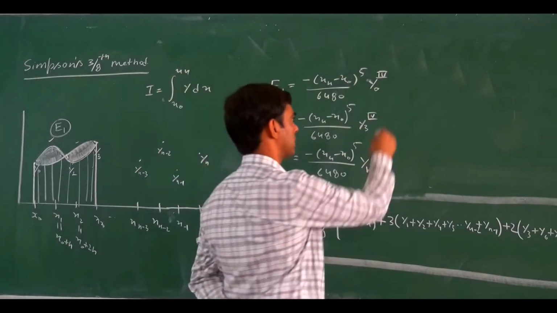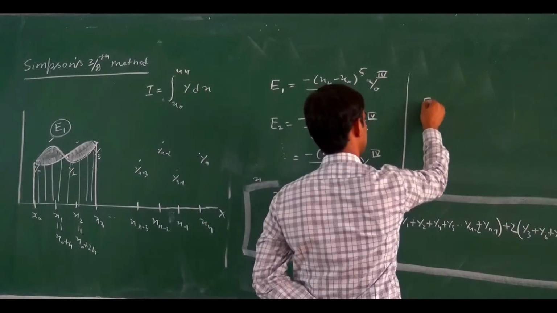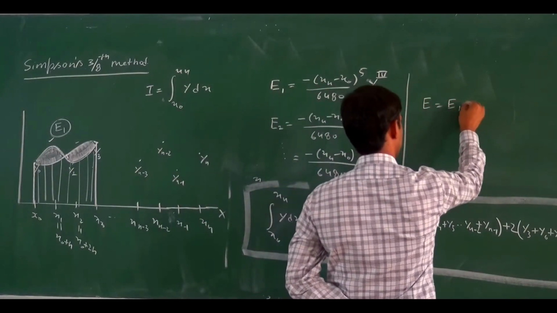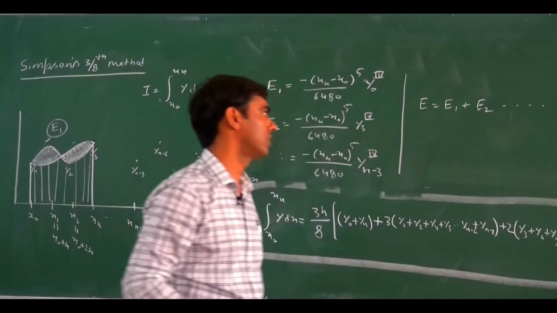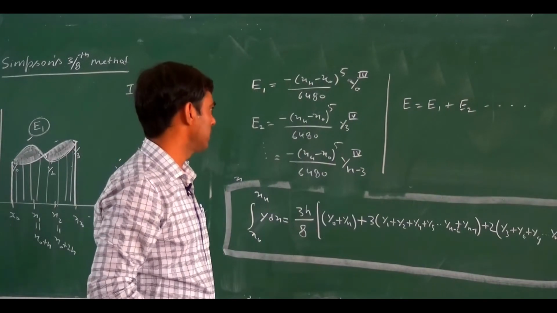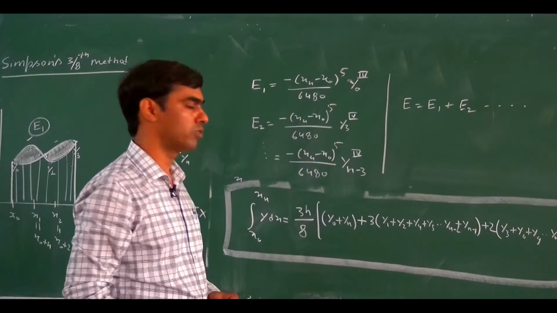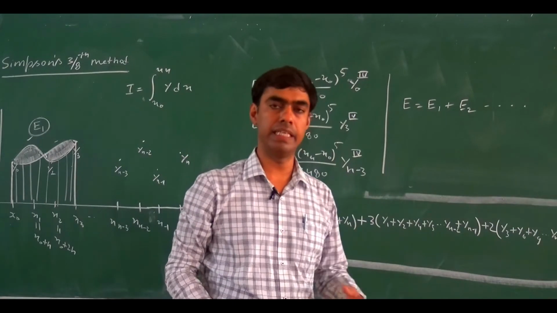So how do we find the sum of all errors? It is E1 plus E2 and so on, the sum of all terms. This is the idea of how we find the error in the Simpson 3/8 method.